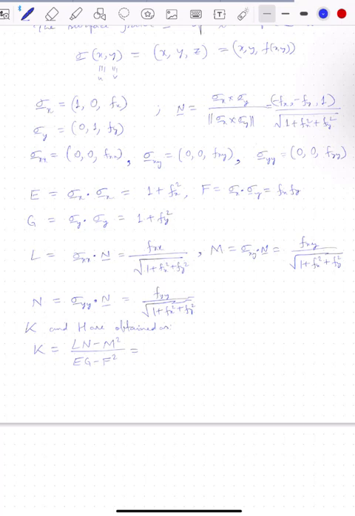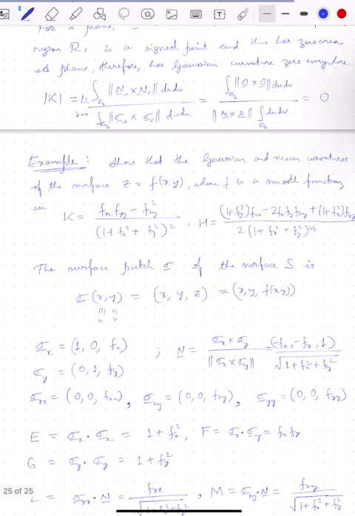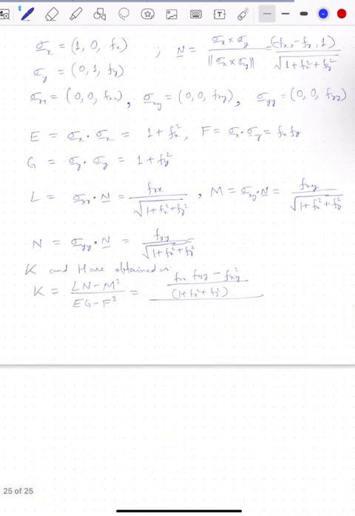Now we can have fxx times fyy minus fxy squared divided by 1 plus fx squared plus fy squared, divided by EG minus F squared.